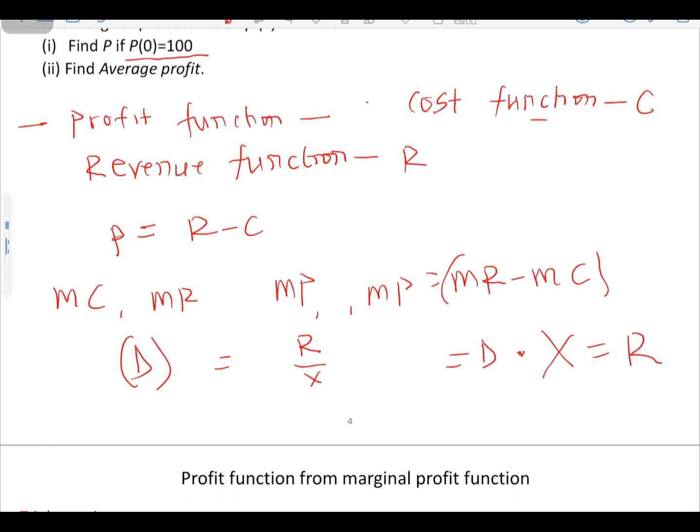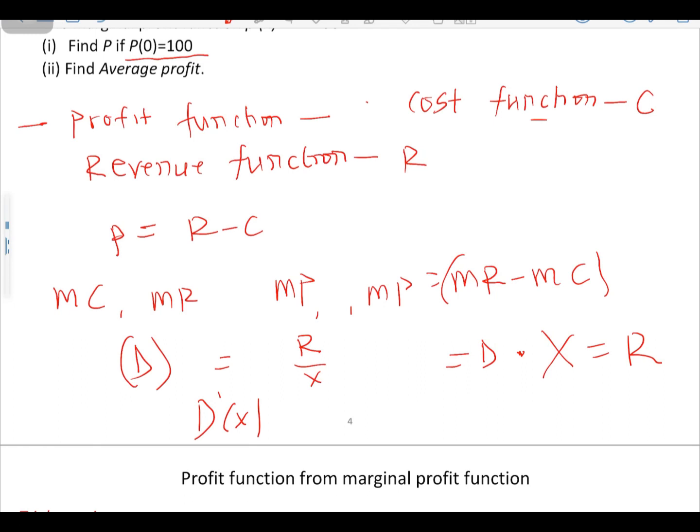It will be up to you to integrate the marginal cost to bring it to the total cost, so that you subtract to get your total profit. Or if you are not lucky and they give you the differential of the demand function, you integrate it, multiply by X to get your revenue function, and then move on with whatever they are asking you.